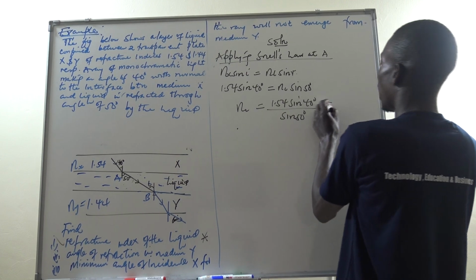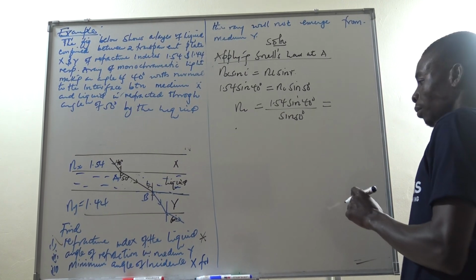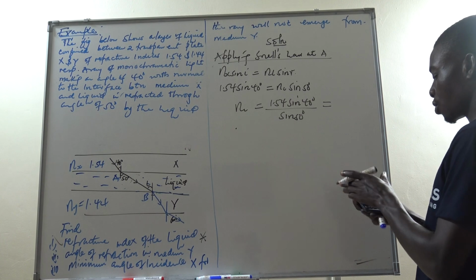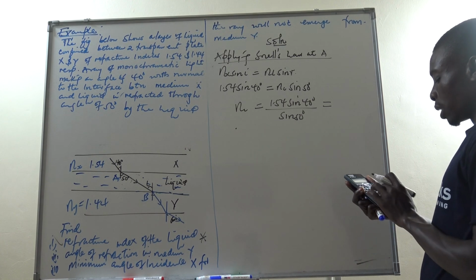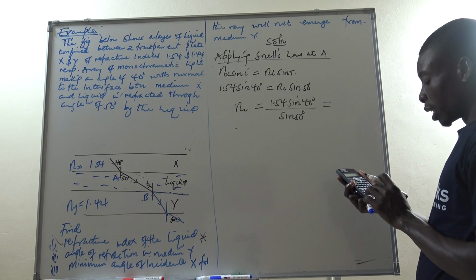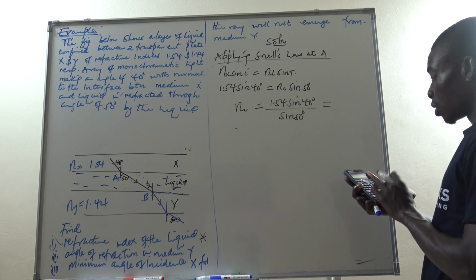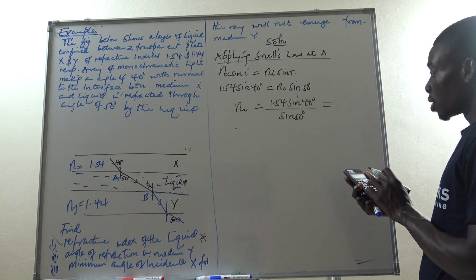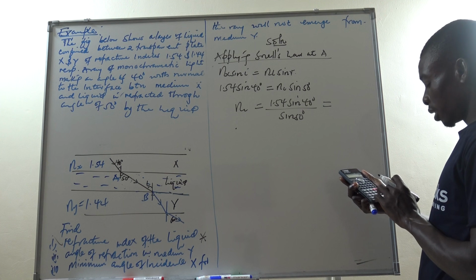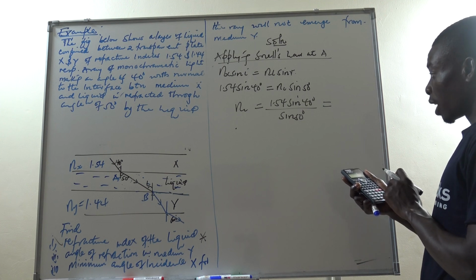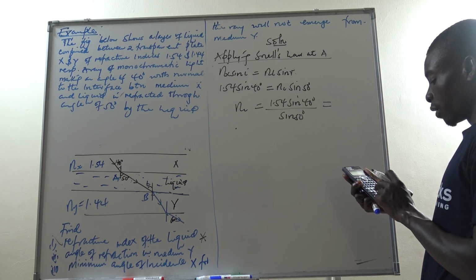Therefore, you can pick your calculator there and press. That will basically be 1.54 times sine 40 divided by sine 50.